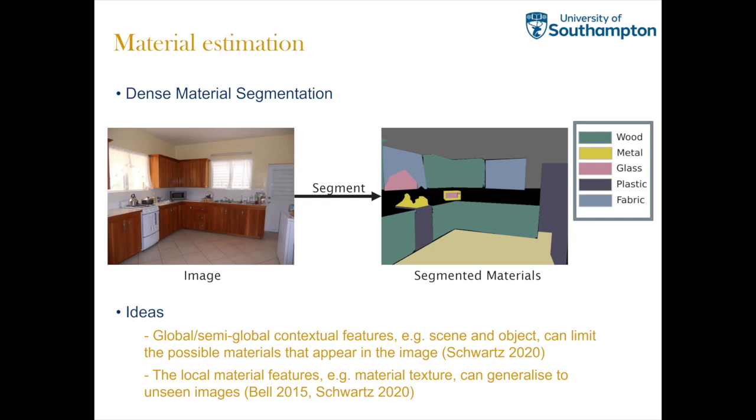Therefore, our main idea was not only looking at individual patches in deep learning, but to consider the global context of the scene and local texture together and combine them. Global context tells you what kind of object it is, so you can narrow down the type of materials. Then looking at local textures, you can see that it should be wood, plastic, or metal.